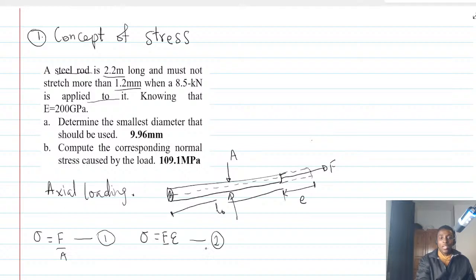And then finally, strain is equal to change in length divided by original length.